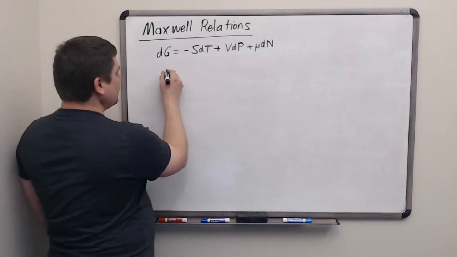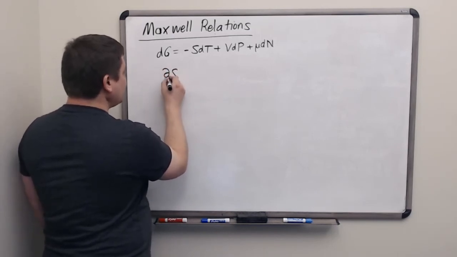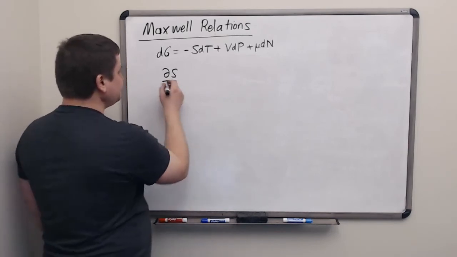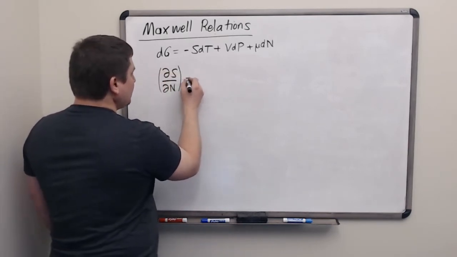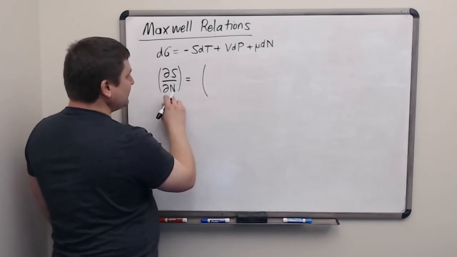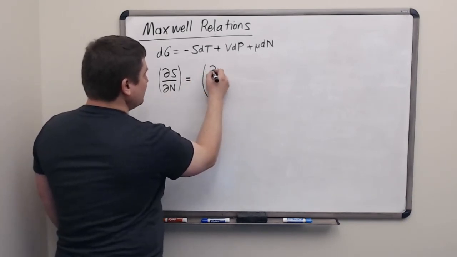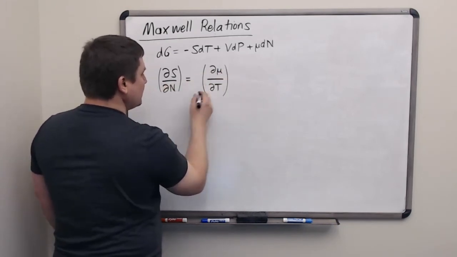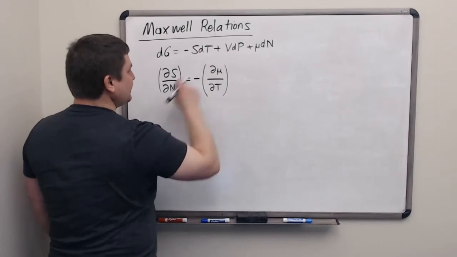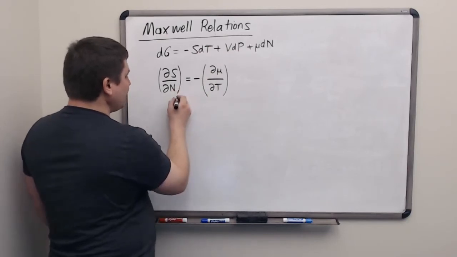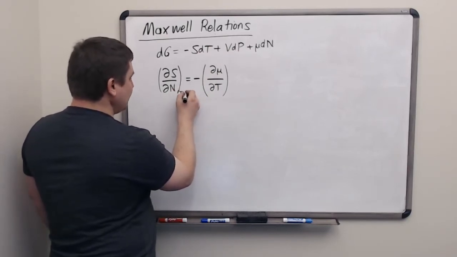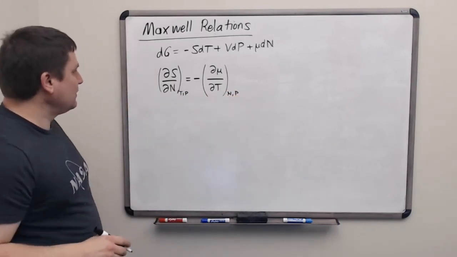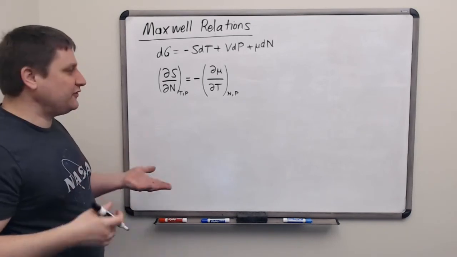Let's write out its Maxwell relation for ds dn. ds dn will be equal to d mu conjugate of n over dt with a minus sign in front because there's a differing sign between these. And the natural variables held constant are n, t, and p. So that's the Maxwell relationship.